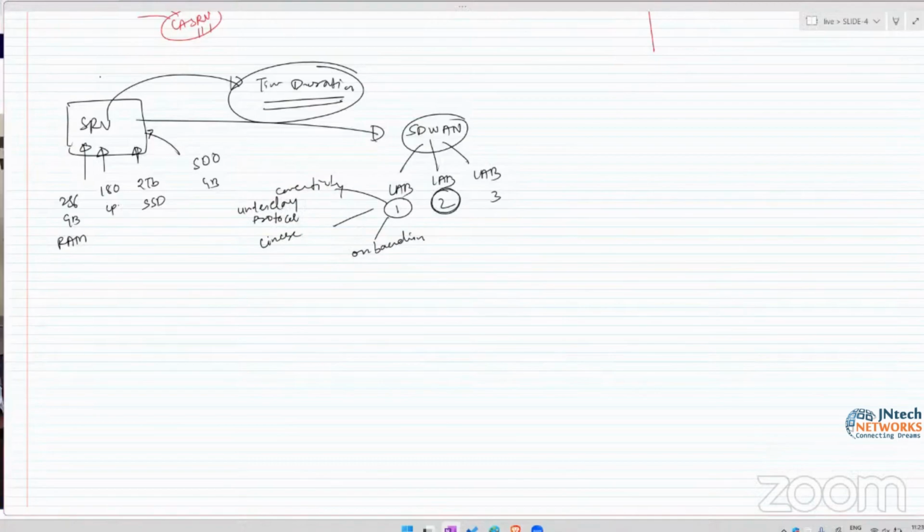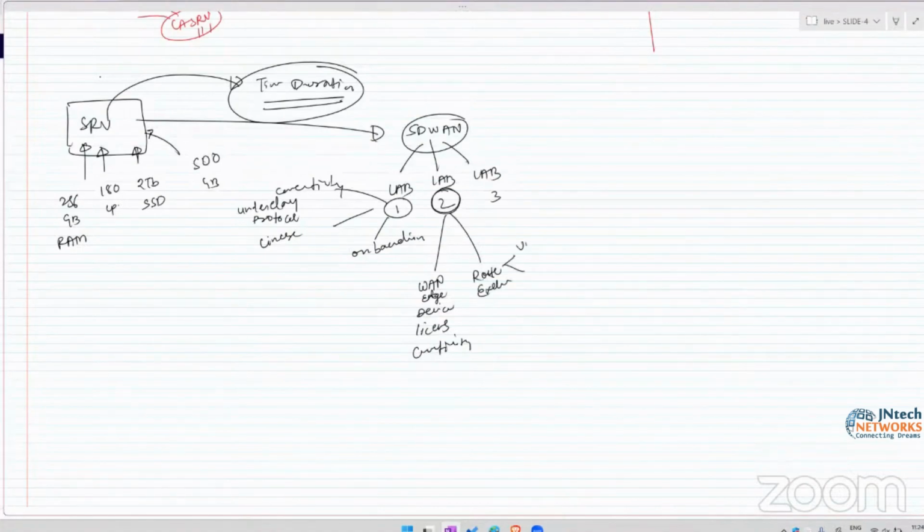In lab 2, we discuss licensing managed devices: managed device, license, connectivity. Clear? And then we discuss one more thing, the route exchange process. We discuss 2 types of routes, V route or VRF route.